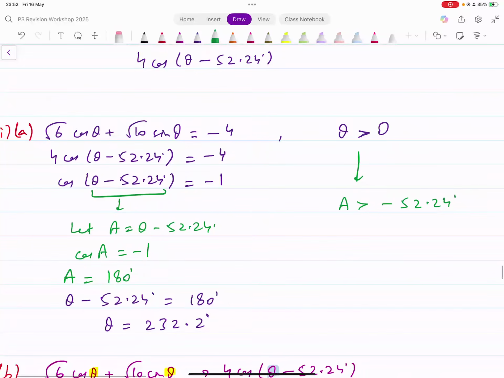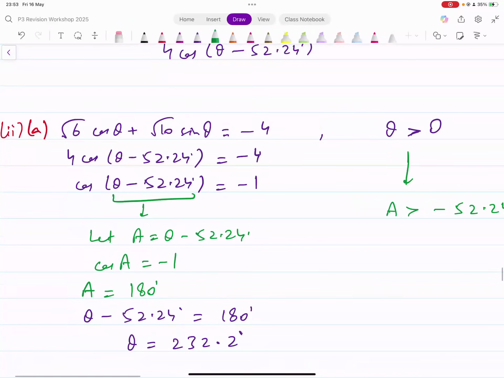Now the interval that we had was for theta. Theta was greater than 0. What about A? If we input theta equal to 0 here, A is going to be greater than minus 52.24 degrees. So when we look for the values of A, they have to be greater than minus 52.24 degrees, right? Theta was greater than 0, but A corresponding to that turns out to be this. Now from this we get cos A equals minus 1.